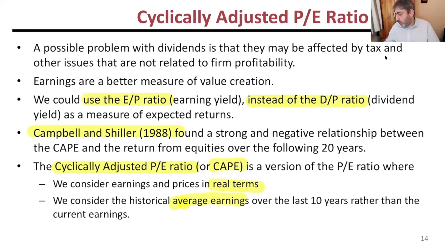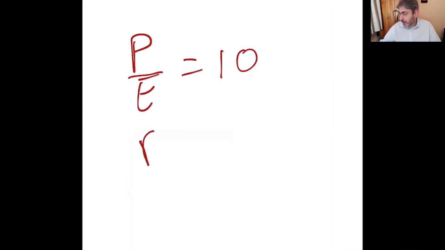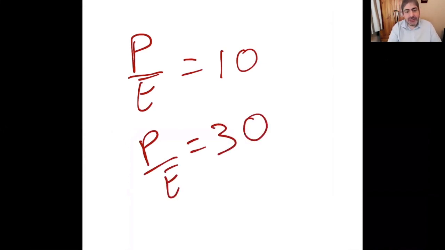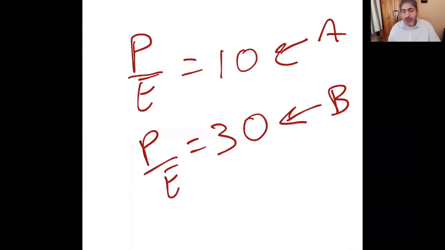Okay, now before we look at some data and graphs and stuff, let's just spend a second in reasoning. What does it tell you when the market has a price earning of 10 or the market has a price earning of 30? Okay. Now, these are two different situations. Let's call it situation A and situation B. Okay.